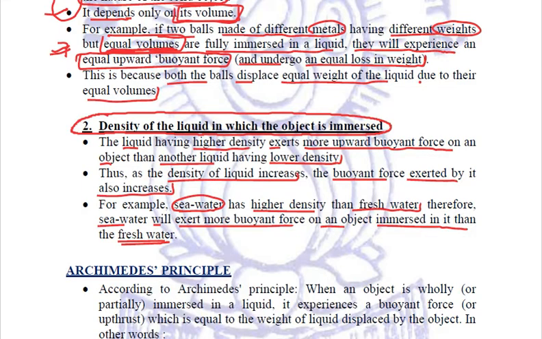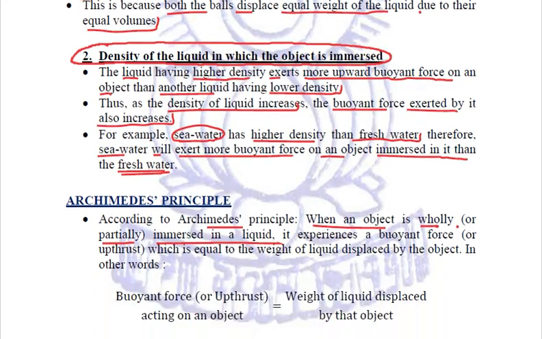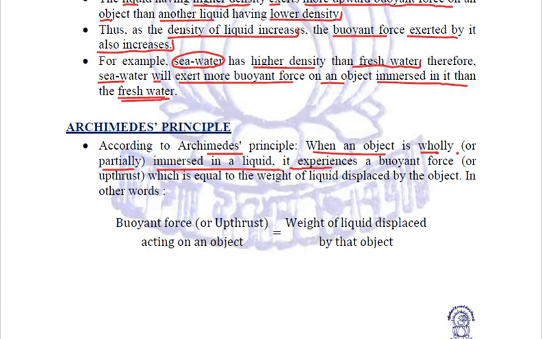Now, according to Archimedes principle, when an object is wholly or partially immersed in a liquid, we are actually just immersing a particular solid object in a liquid. And when an object is immersed, it experiences a buoyant force or an upthrust that we have already studied above.